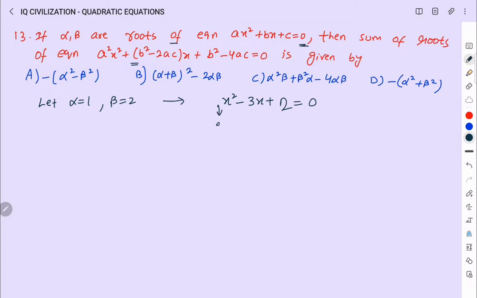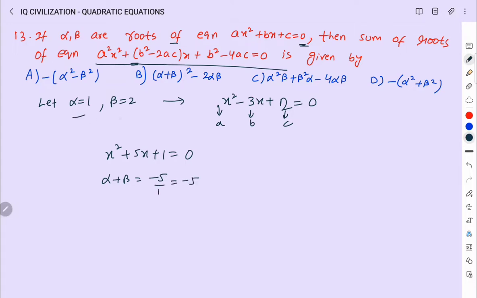So here this is A and this is B and this is C. So now the required equation, this whole equation will get reduced to x square plus 5x plus 1 equals 0. So what is the sum of roots? Minus b by a, that is minus 5. So just put the values of alpha and beta in these options and you will get the required answer.